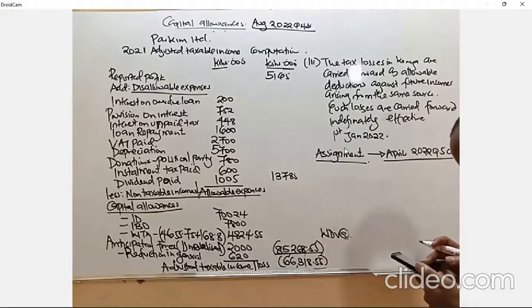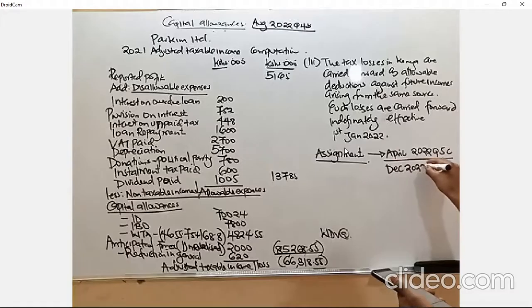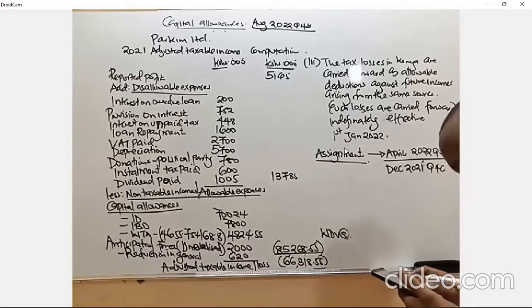So I want you to do April 2022, question 5C. I need more questions coming from you. From the same field, we have a question. We have December 2021, and for those who don't do assignments, I don't know how much you are studying. December 2021, question 4C. You have a good question there for the investment allowances.